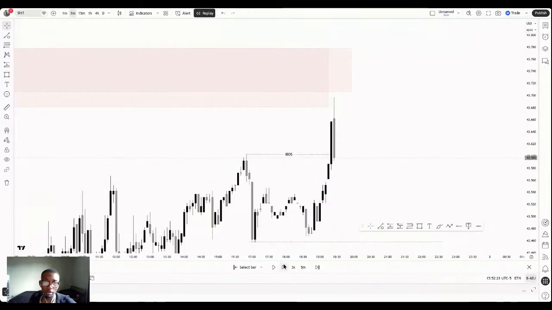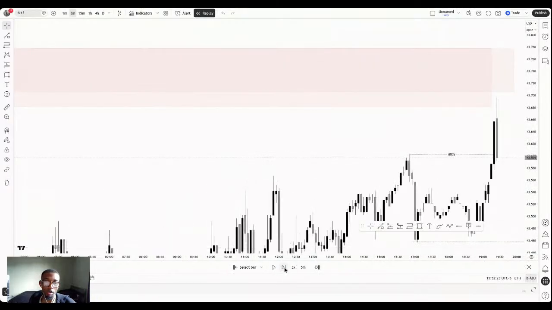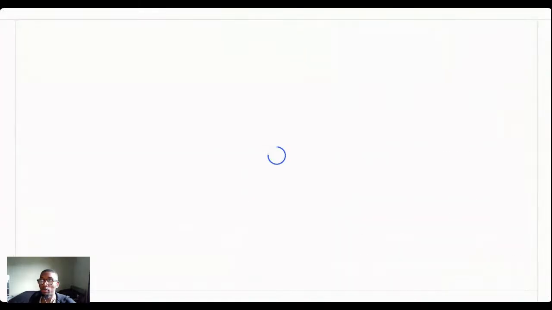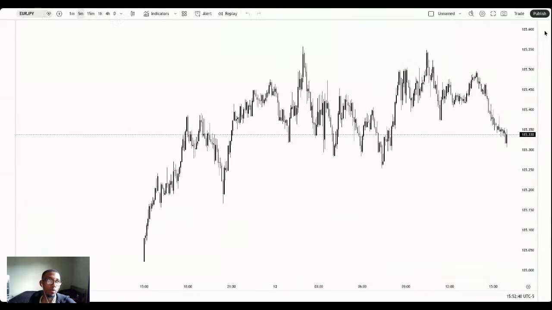TradingView started to act up. Bro, I don't know what's been going on with TradingView, but it's really been acting up for some reason. I don't know why. Let me just go back.